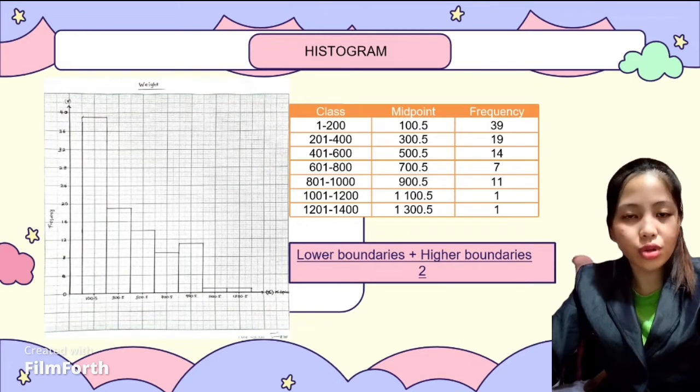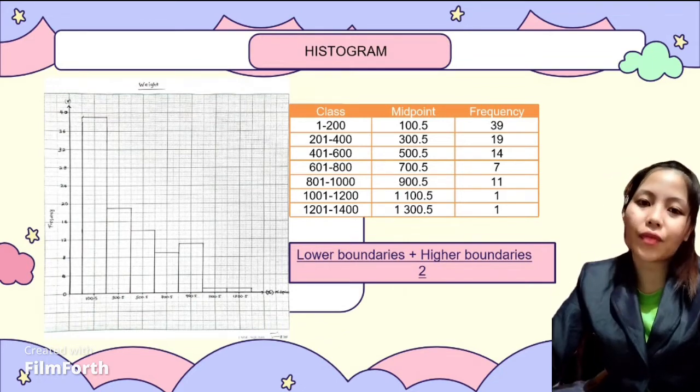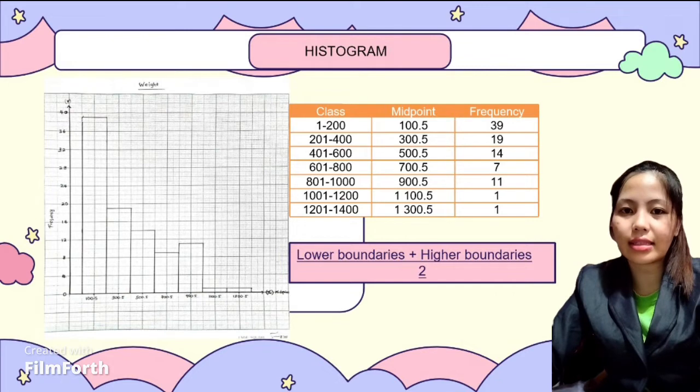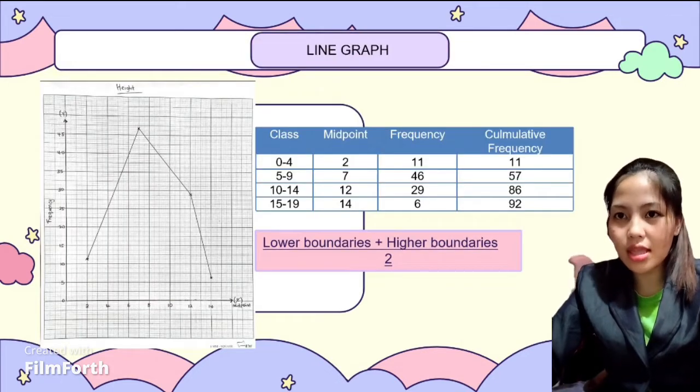Therefore, we can conclude that the highest weight of fish is between 1 to 200 because it has the highest frequency compared with the other classes.